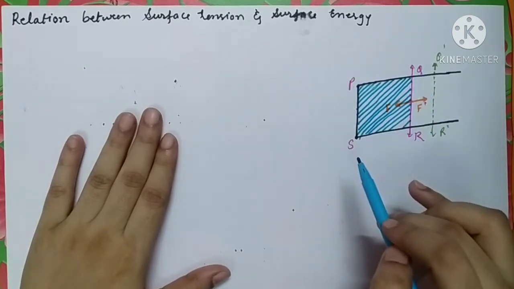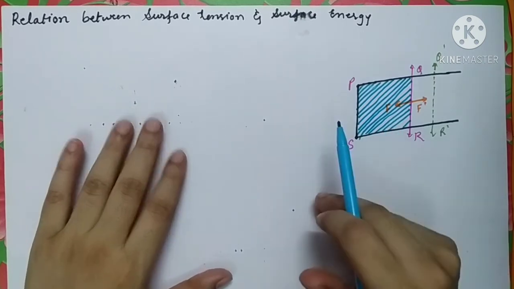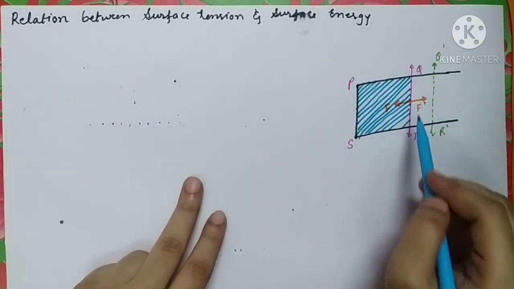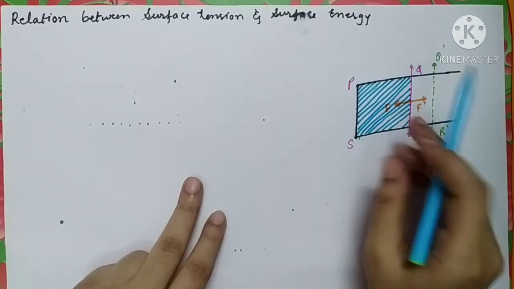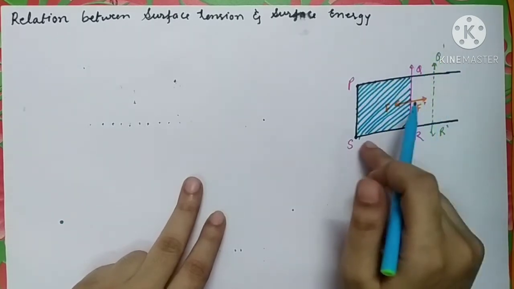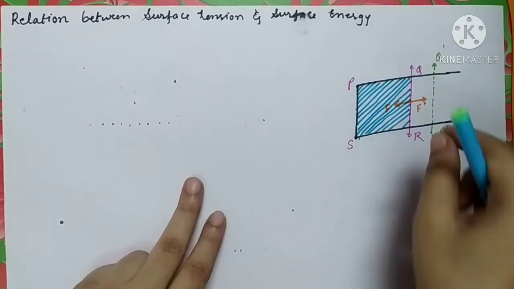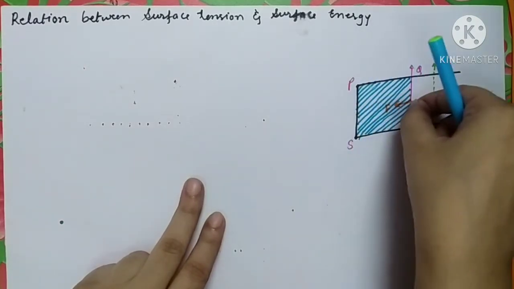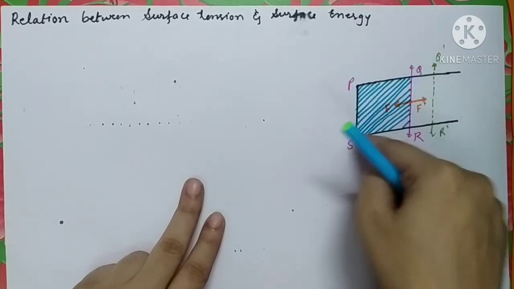PQRS. But this rectangular frame is made in such a way that the wire QR is movable on these two parallel sides of the rectangle. It means you can move the wire QR like this. It can be slid over these two parallel sides of the rectangle.